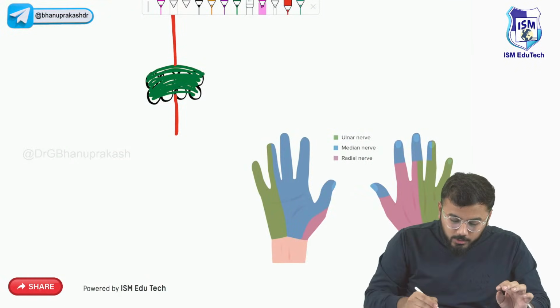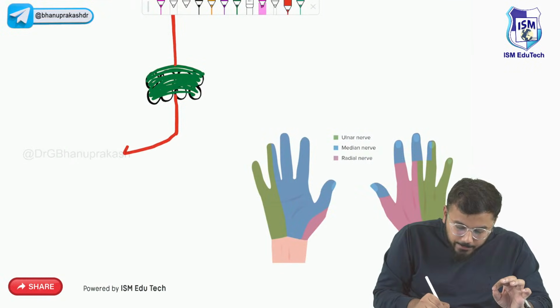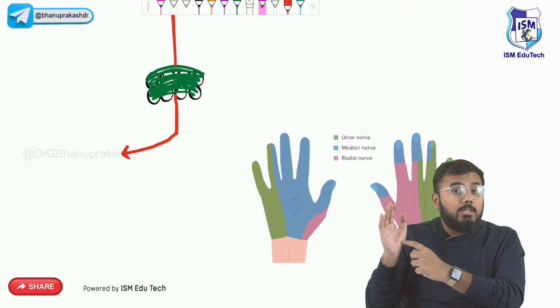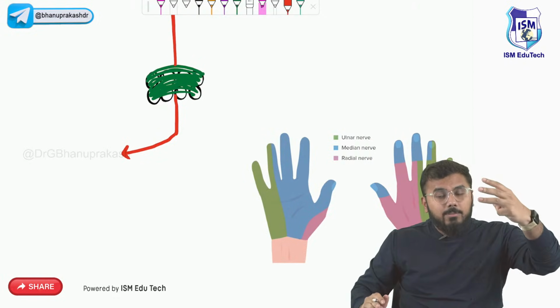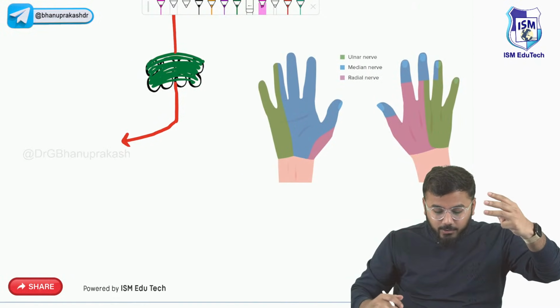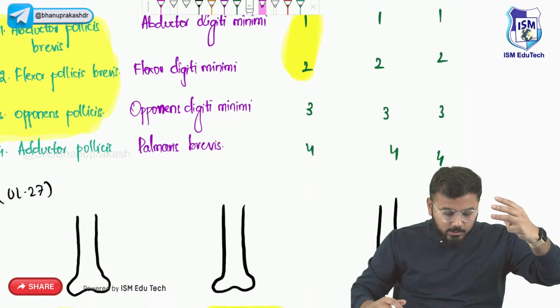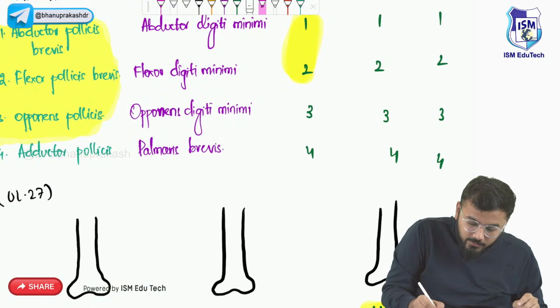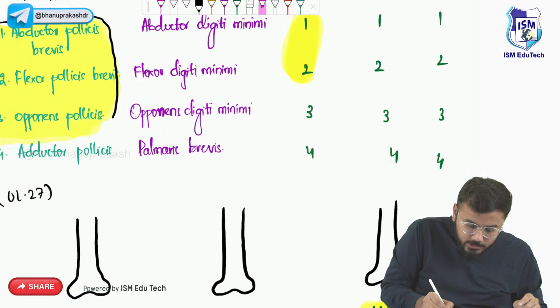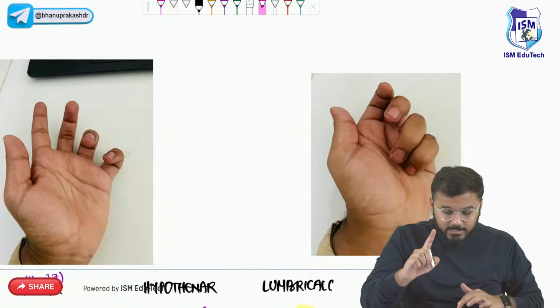Okay, but whatever. In the median nerve, I have already told you that the median nerve will give a branch that supplies your thenar muscles. The first thenar muscles which I have highlighted, if you remember, right? Abductor pollicis brevis, flexor and opponens, isn't it?